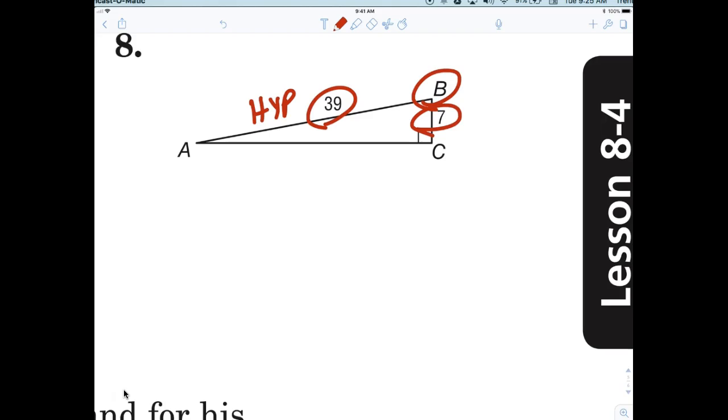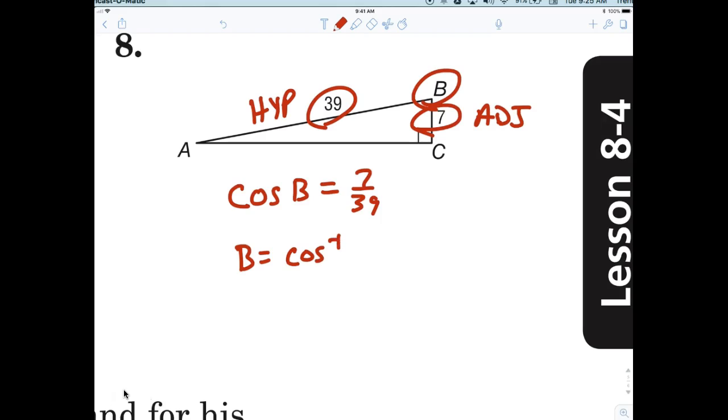So we would say, and this right here is the adjacent. So 7 over 39. So cosine of B is equal to 7 over 39. So B is equal to the inverse cosine of 7 over 39, which is 79.7, about 79.7, and it's a degree. All right. Pretty good with that.